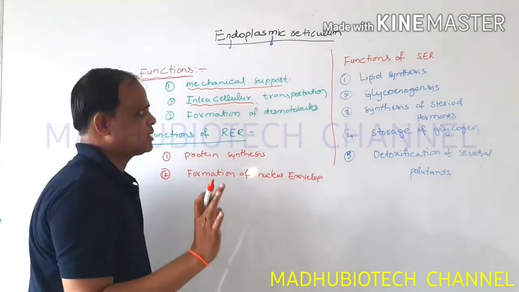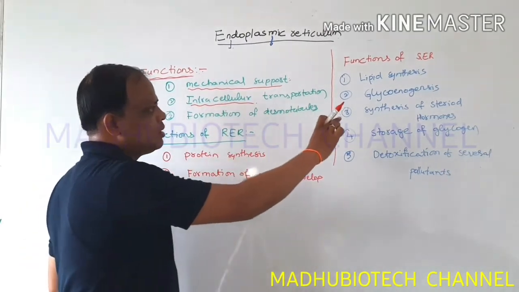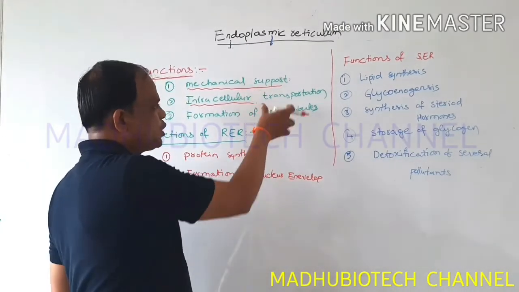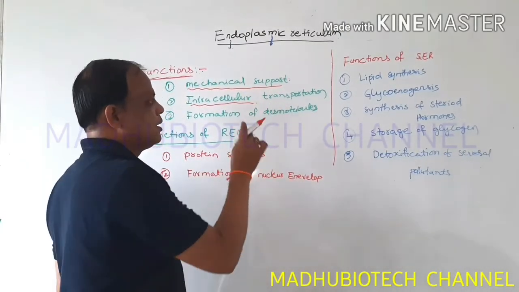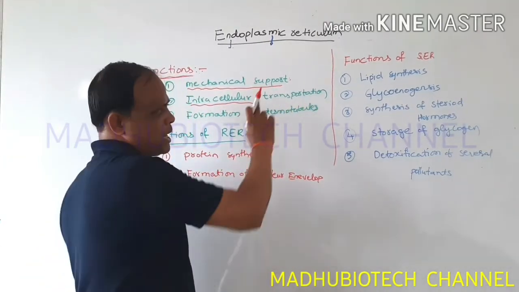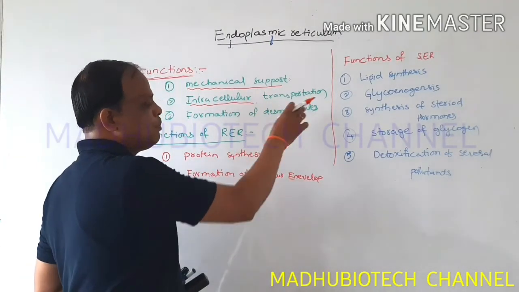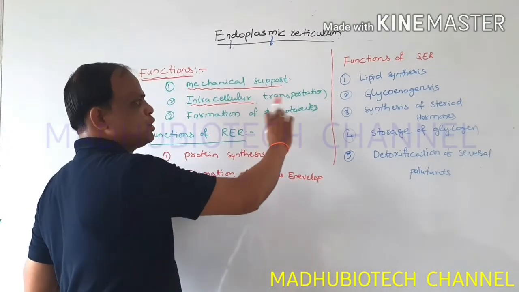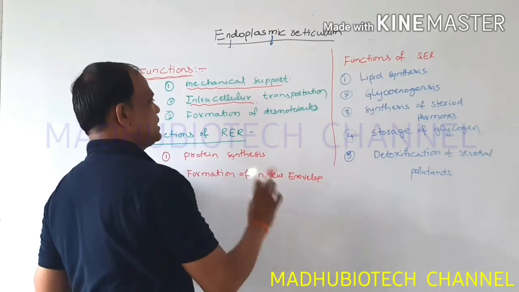It is a lipoproteinaceous network of reticulum that runs throughout from the nuclear membrane to the plasma membrane. So with the help of cisternae, different types of particles are transported from one cell to another.